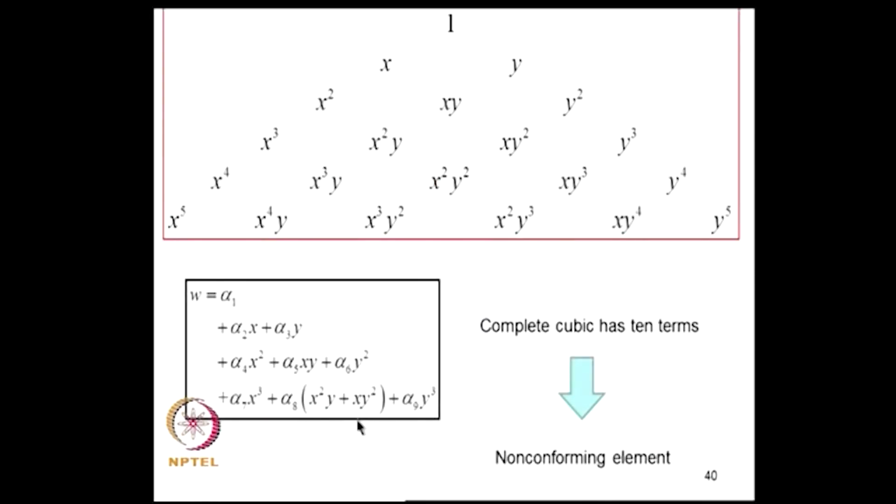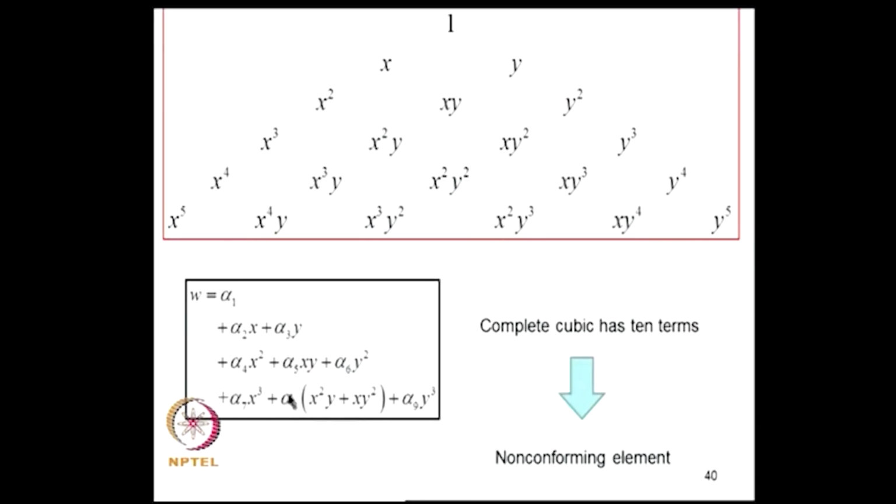So, now a complete cubic polynomial will have 10 terms. So, if we now take 9 terms, there will be a problem. So, I can take one, x and y, that is 3, x square, x y, y square, that will be 6. Now, from this column we have to select 3 more terms. So, the idea here is we will retain x cube and y cube and use a common generalized coordinate associated with the sum of these two. Okay.